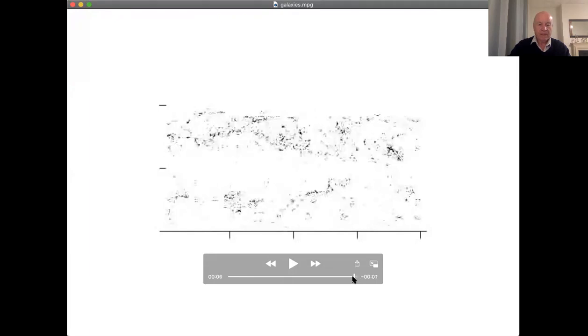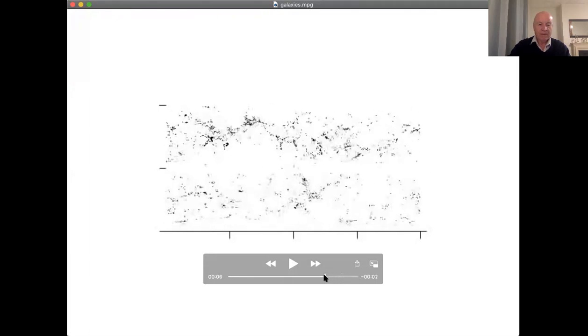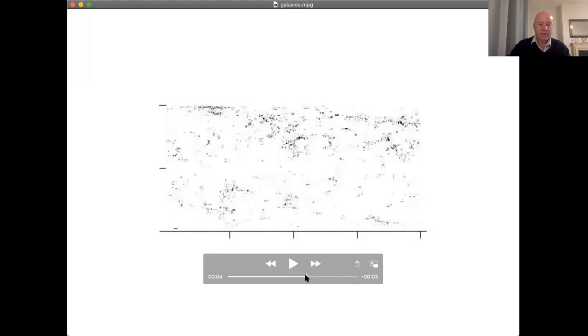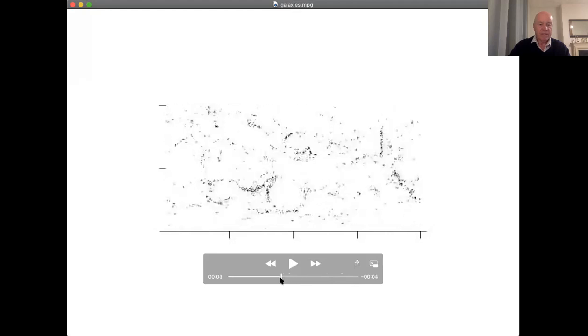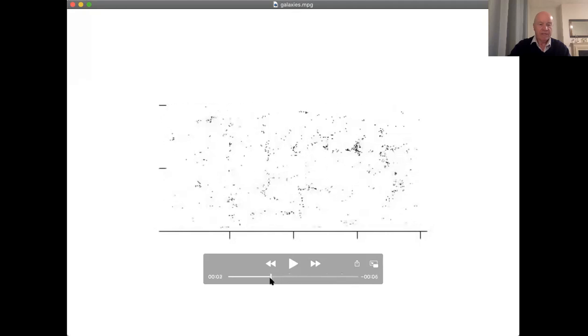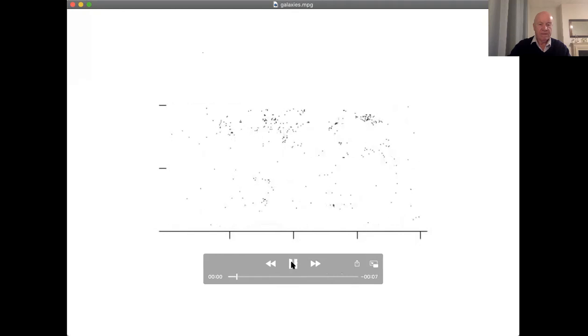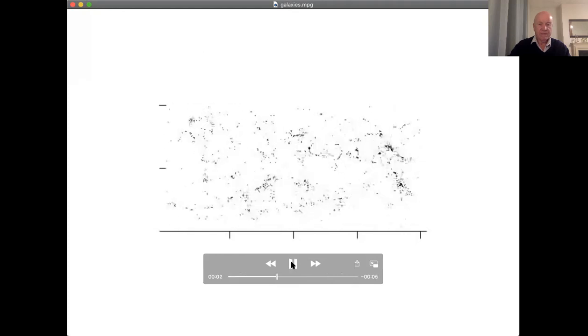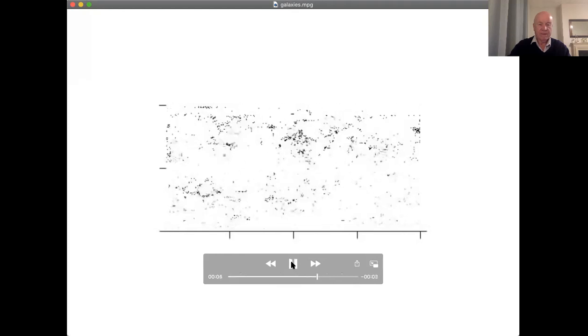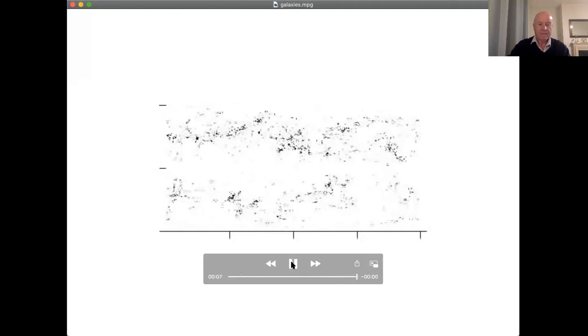These are the position plots taken directly from the text file data that I showed to you.